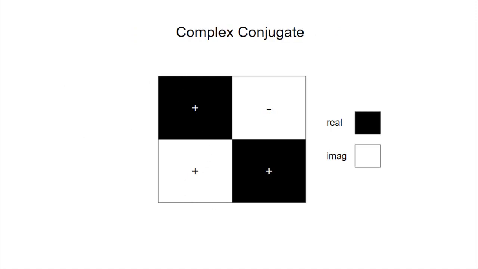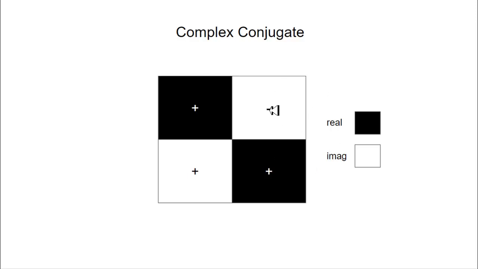Now the column is plus plus, and here the row is minus plus, and now the column is minus plus. Okay, and so that's called a transpose. And so the complex conjugate is the negating of the imaginary component, which is also referred to as a transpose.